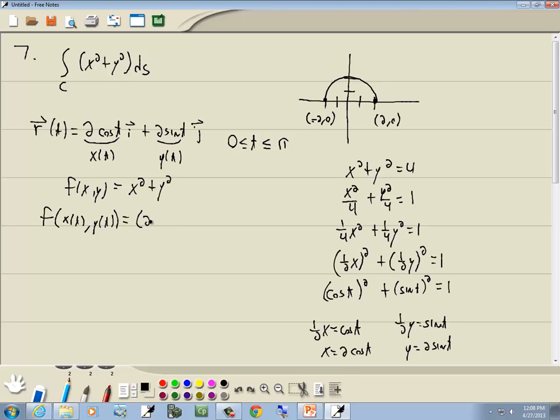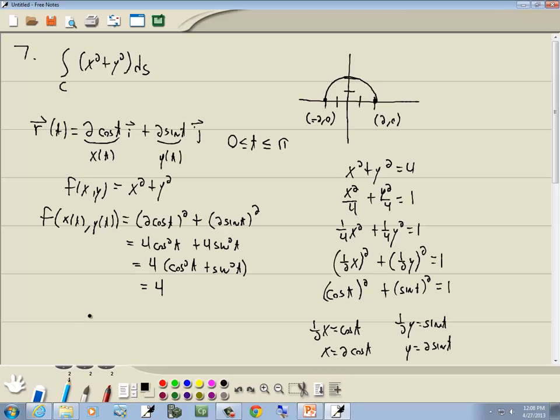So we're going to have (2 cosine t) squared plus y, which is (2 sine t) squared, which gives us 4 cosine squared t plus 4 sine squared t. I can factor a 4 out, and that gives us cosine squared plus sine squared, which we know is equal to 1. So 4 times 1 is 4.